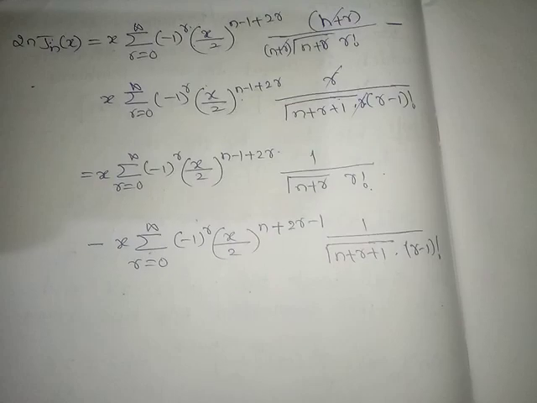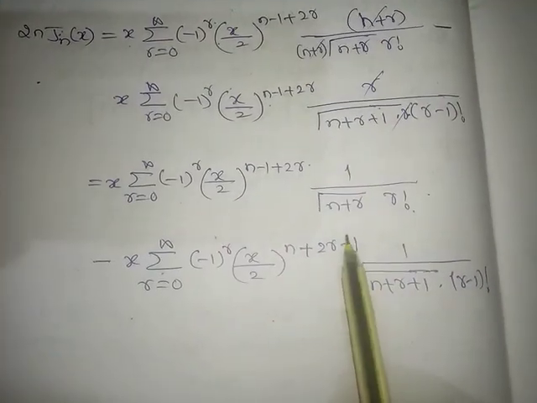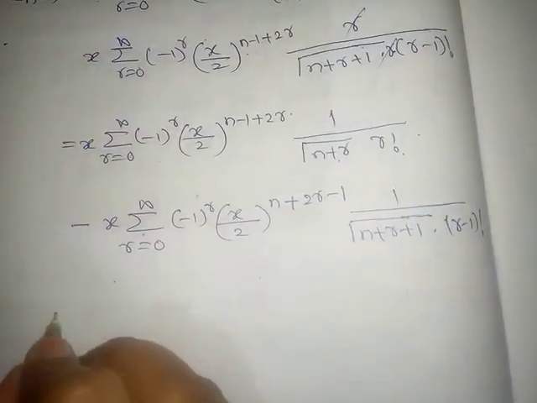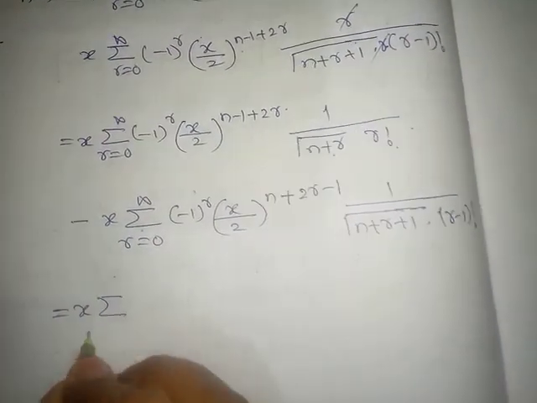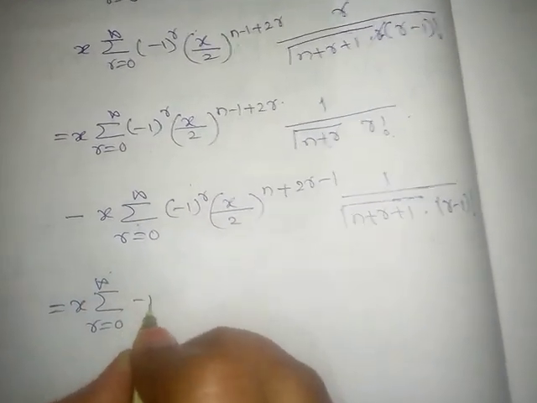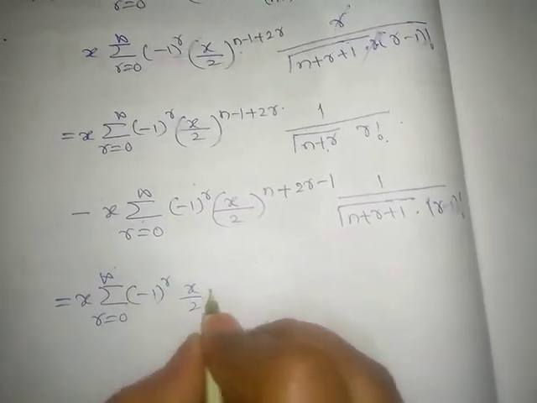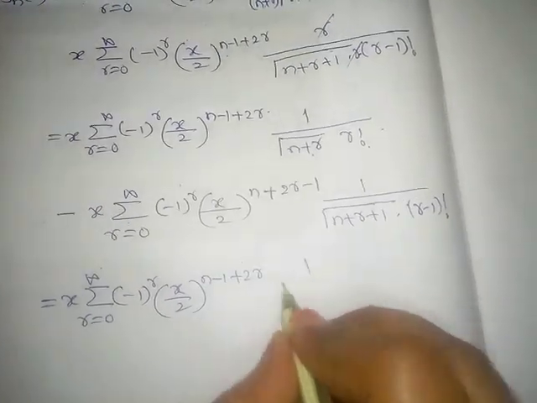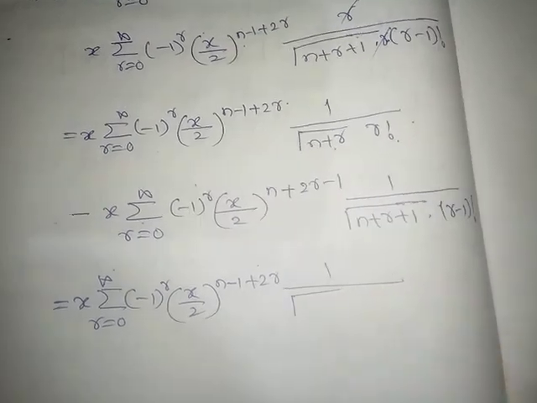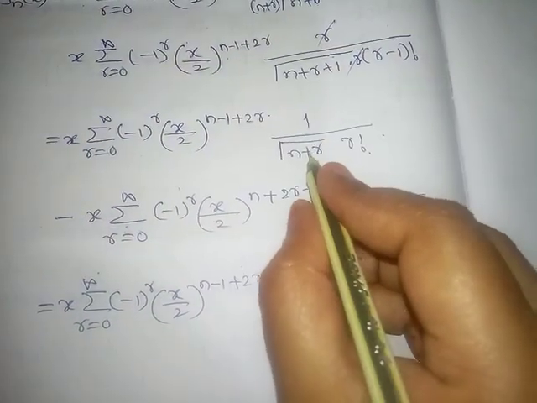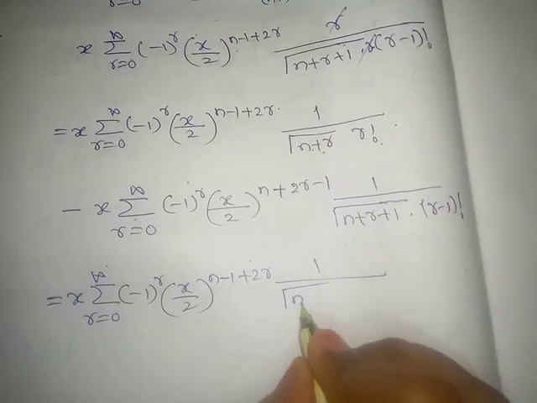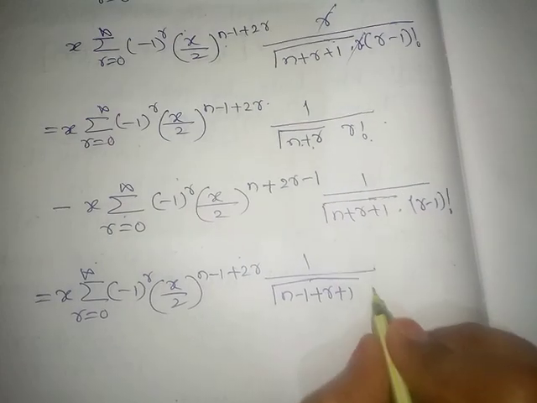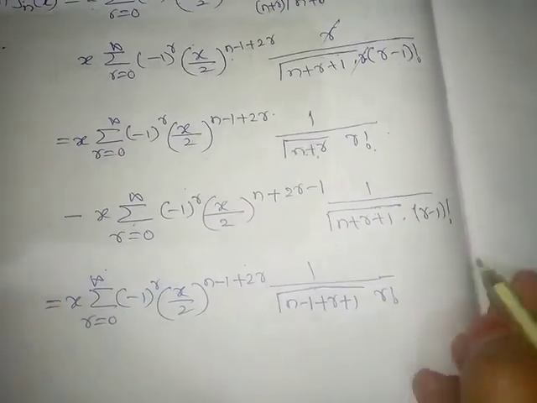Now to get the first expression as Jn minus 1 of x, I will consider this as x into summation r running from 0 to infinity, minus 1 raised to r, x by 2 raised to n minus 1 plus 2r, 1 divided by gamma of, here I will consider minus 1 plus 1, n minus 1 plus r plus 1 into r factorial.